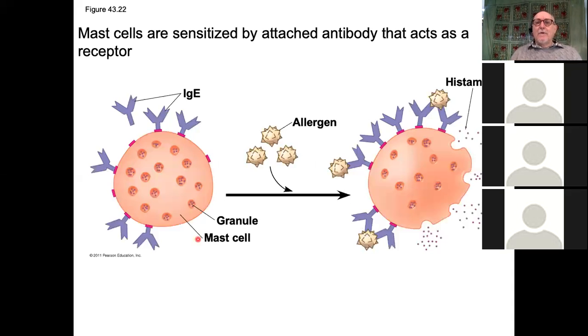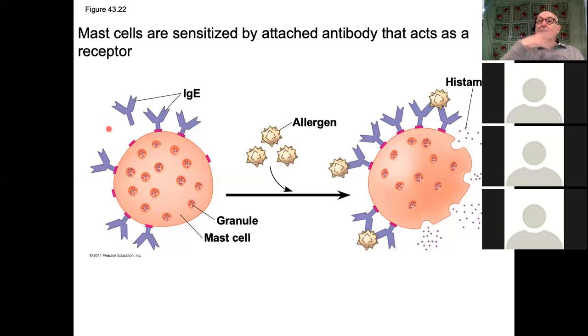Well, the answer lies in the activity of the mast cells, because mast cells have a very peculiar property, and that is that they pick up antibody. They pick up many different antibodies, with many different specificities to all sorts of different antigens, okay? So this antibody is being produced in response, the adaptive response.